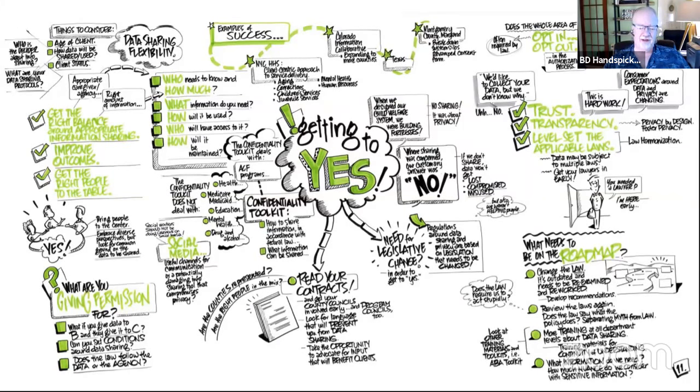This mural is the output of one such engagement, and it covers the many faceted aspects of privacy and what you need to do as an organization to get to the point where you can say, yes, we can access, we can share, we can use data to benefit the wellness of individuals, families, and populations.